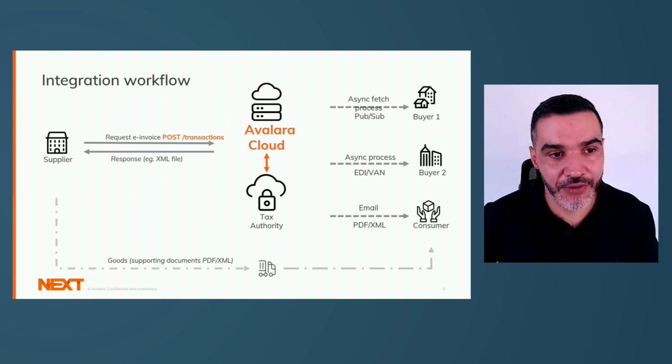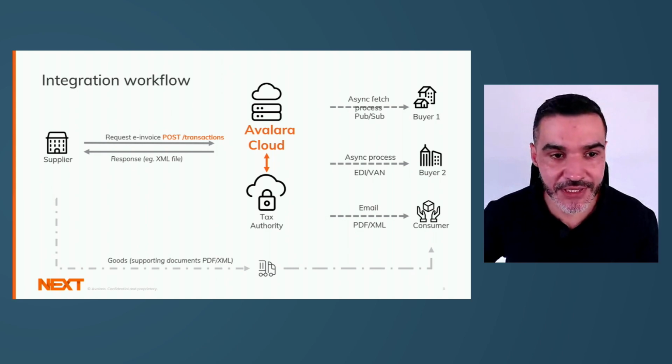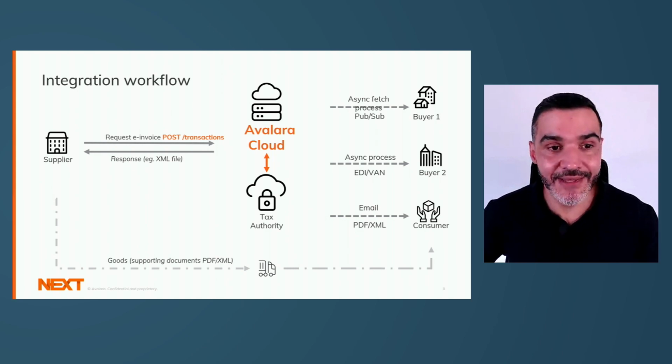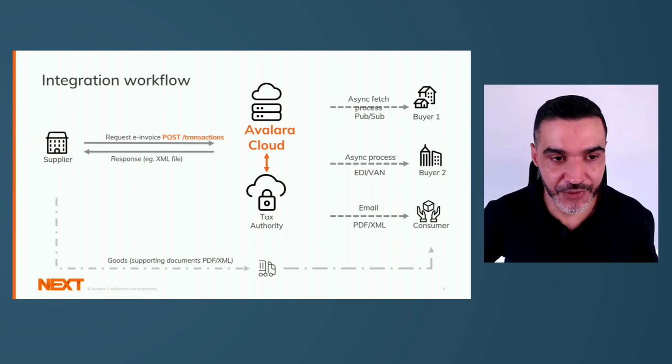So what is a typical integration workflow for our APIs? Let's say that you are here on the left side, a supplier starting that process. That process typically is started by the source system, the ERP in general. The ERP triggers the creation of the electronic invoice after all the tax calculation process has already happened in the ERP, and they have a document stored representing that invoice.